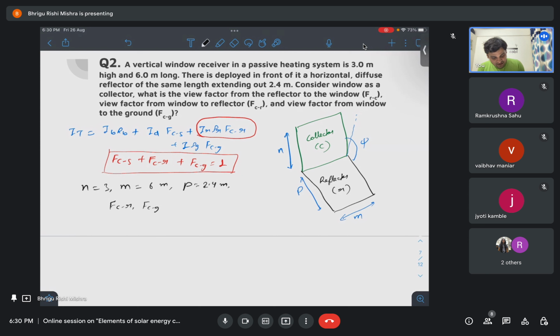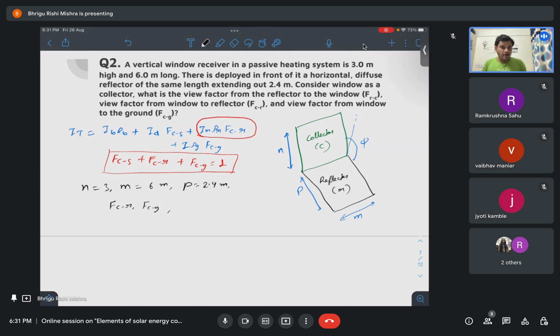I think here I missed one thing, the tilt angle. Okay, no, that's fine. The angle between collector and reflector: since it is a window, the window is vertical and the reflector is horizontal.